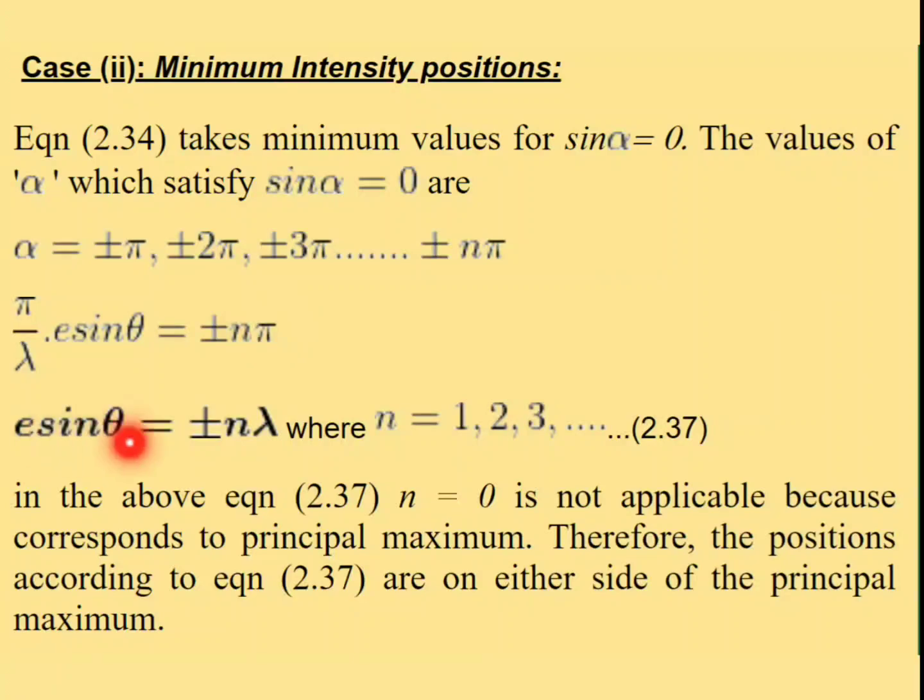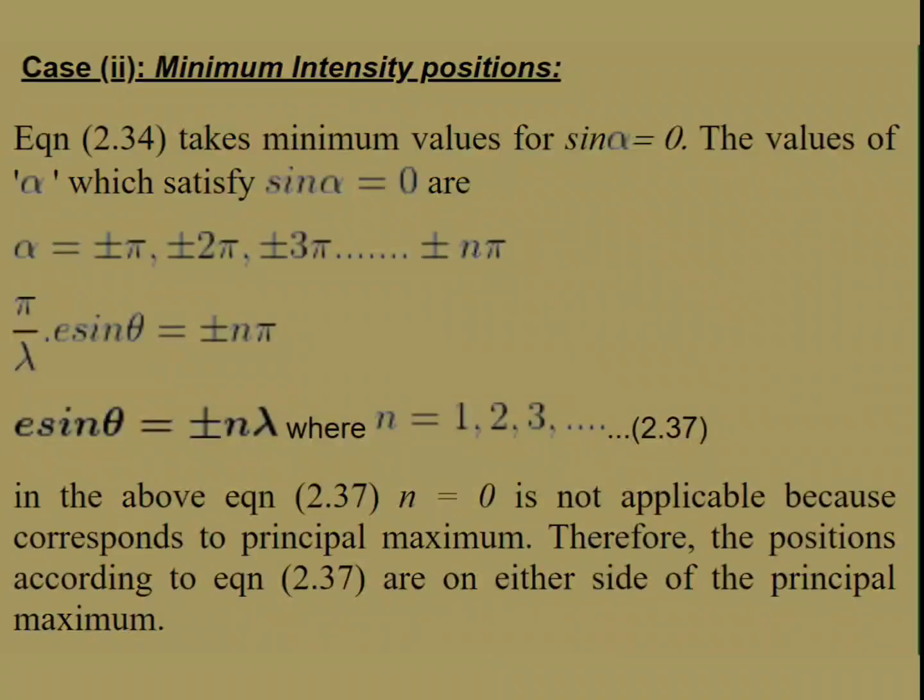So e sin theta is equal to plus or minus n lambda, where n value is from 1, 2, 3 and so on. You did not write the value n starting from 0. So this is the condition for minimum intensity. In the previous slide we discussed the central maxima.